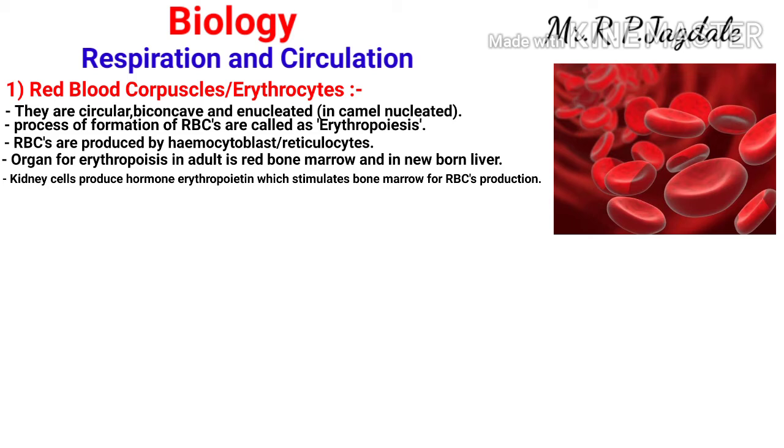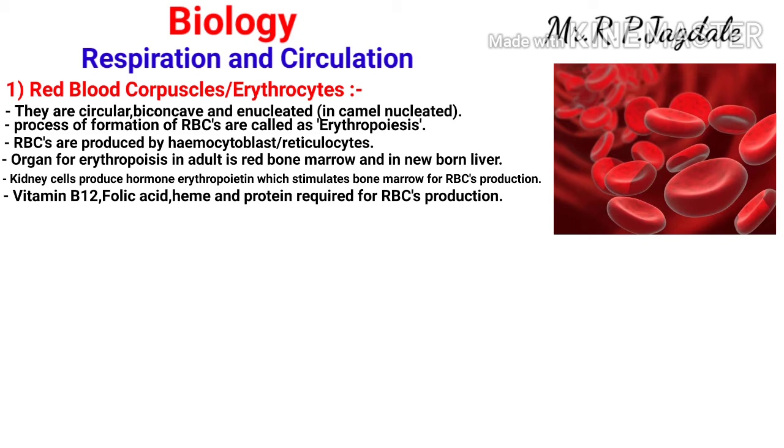Then for the production of RBCs, what is required? What are the things required for RBC production? Vitamin B12 is important for the production of RBC. Then folic acid, and the two most important things are heme and protein. That is called hemoglobin.